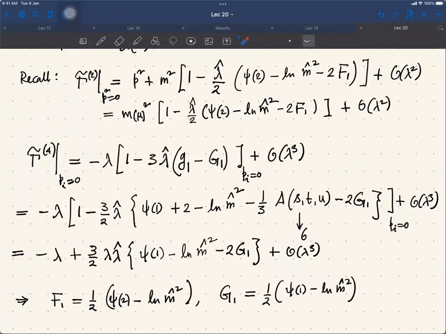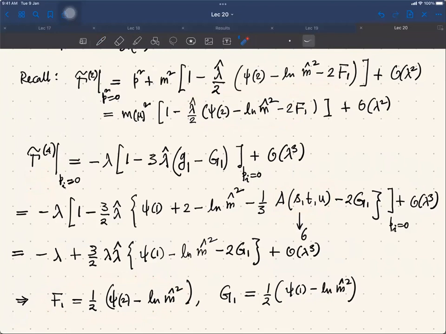But if you look at the gamma tilde 4 result, then we had to take the p going to 0 limit of this function, but this function is a non-trivial function of the four momenta that are involved in the external legs of gamma tilde 4.